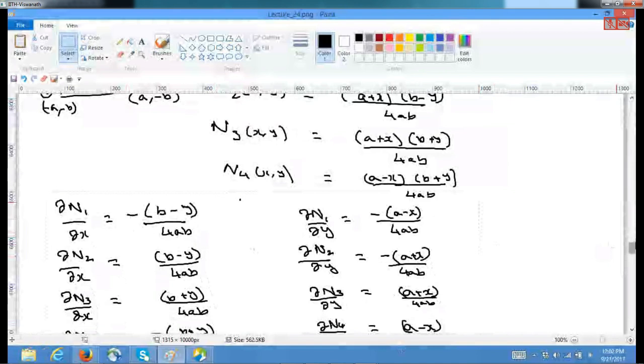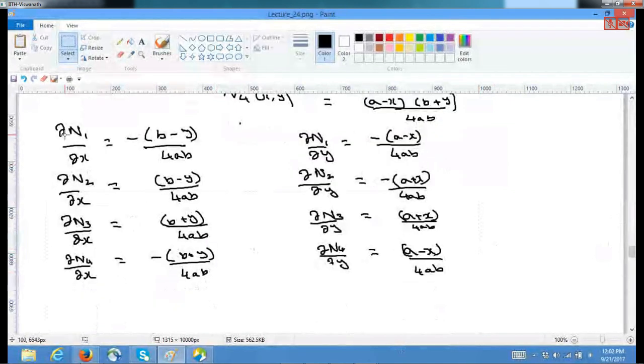Further, we can see that del n by del x and all other things remain the same, which we found in the last class.